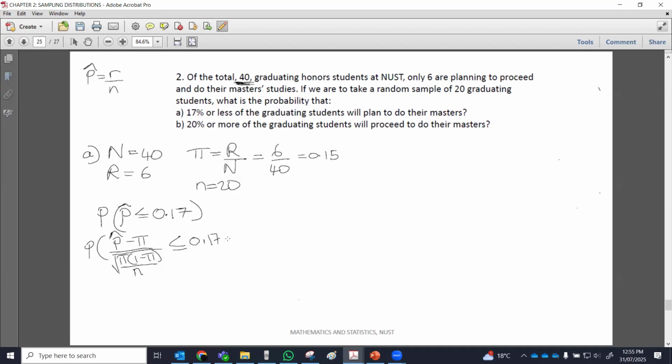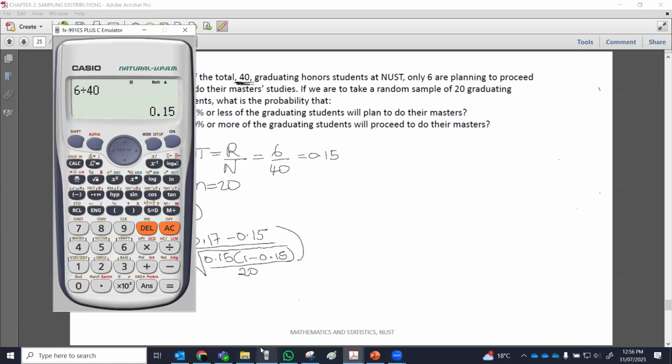What is our pi? 0.15. And then we divide by the square root of 0.15 multiplied by 1 minus 0.15. And this is divided by our n, which is 20. Okay, so we have the probability. This one here is our z. This is less than or equal to.